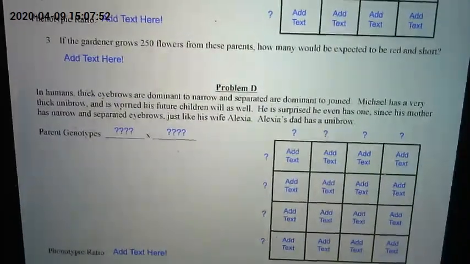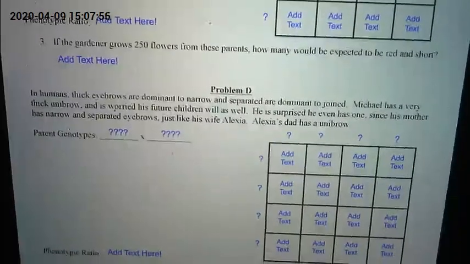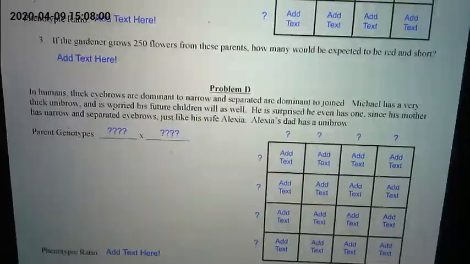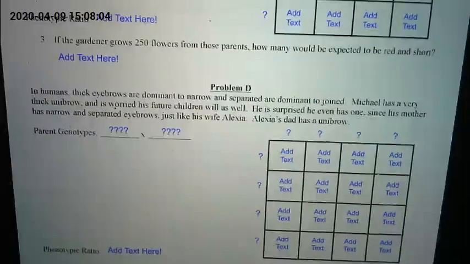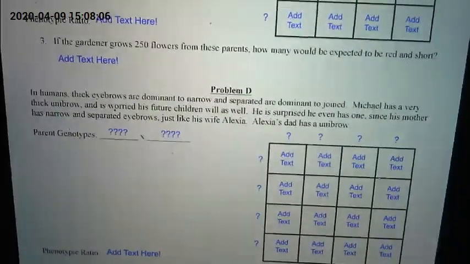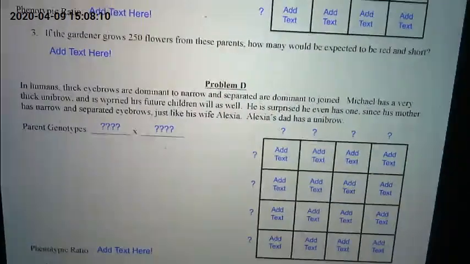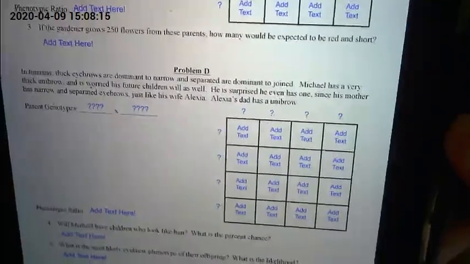So the cross is going to be between Michael and Alexia, and you have to figure out what Michael and Alexia's genotypes are. The clues they give you are what their parents were. So you have to think about what the traits are and what they could possibly be.